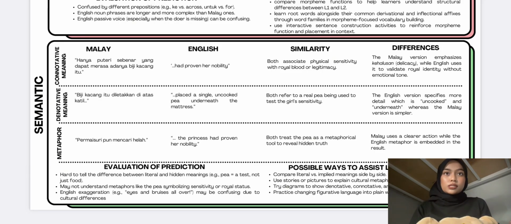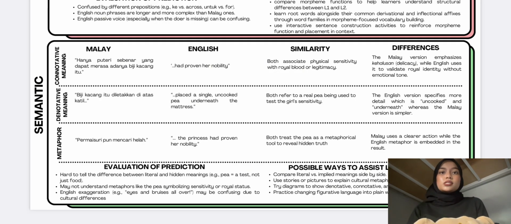The next one is learners might misinterpret figurative language or metaphors, such as viewing the pea as just an object rather than a metaphor for sensitivity or royal legitimacy.